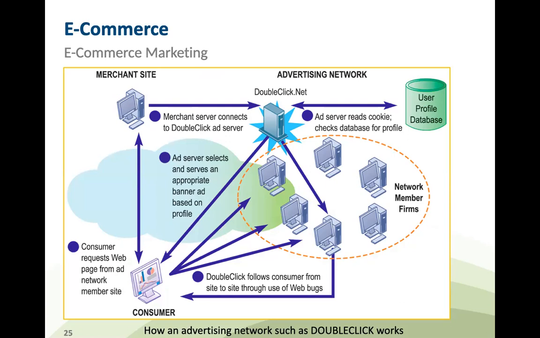The consumer requests a web page from the ad network or member site. Let's say the consumer wants to buy some product. You type it in, there are many links, and you go to one of them, maybe the merchant site, the merchant server.